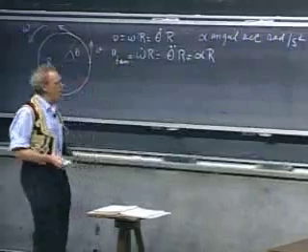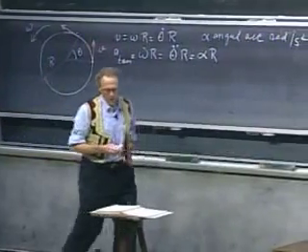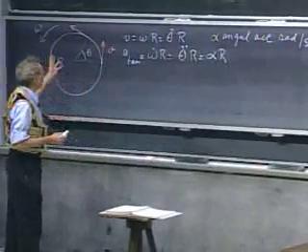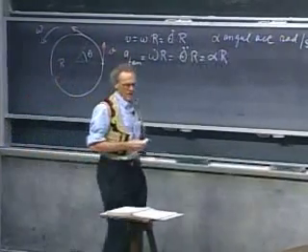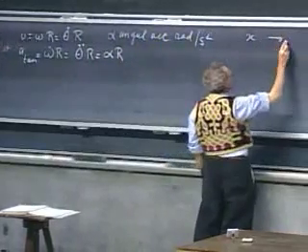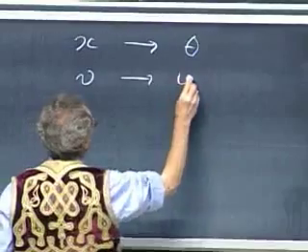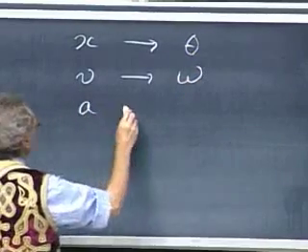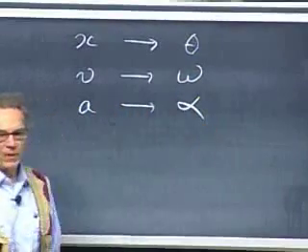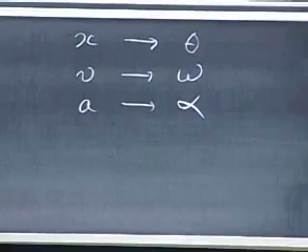If we compare our knowledge of the past of linear motion and want to transfer it now to circular motion, then you can use all your equations from the past if you convert x to theta, v to omega, and a to alpha. The well-known equations that I'm sure you remember can then all be used.